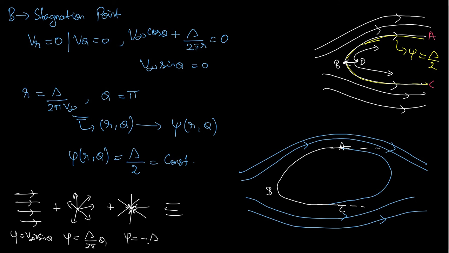This is lambda by 2 pi theta 2, because this is the same like I said earlier, it is just the negative of the source flow. So my net psi for this complex flow field is nothing but V infinity r sine theta plus lambda by 2 pi times theta 1 minus theta 2, which I can describe as delta theta also.